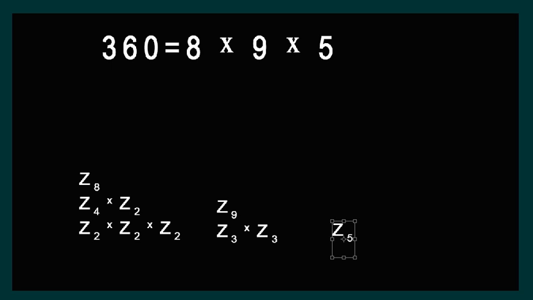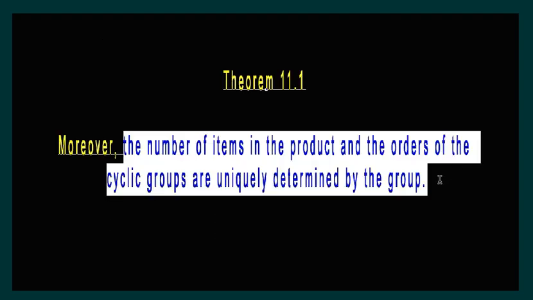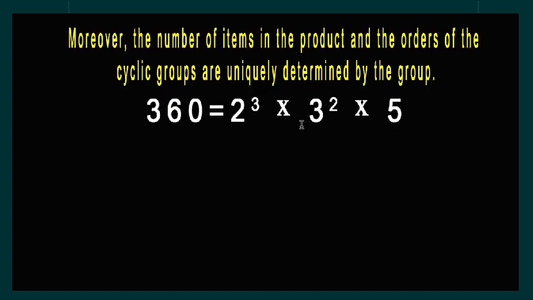So let's have, okay, the number of items in the product and the orders of the cyclic groups are uniquely determined by the group. This is the simple explanation of it. In 2 to the third, there are 3 uniquely determined groups.